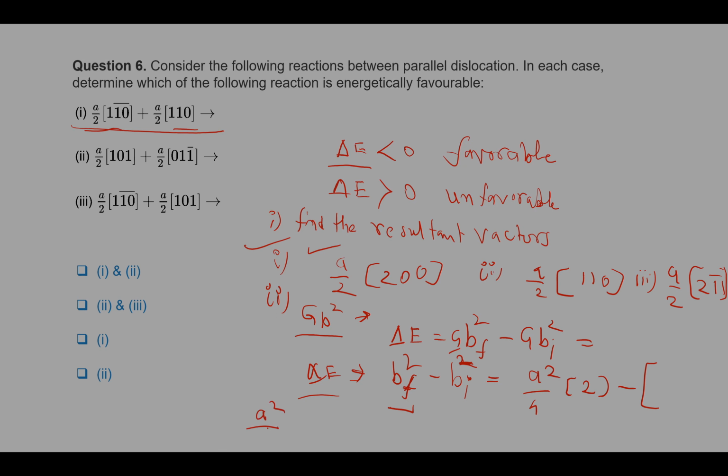First is a square upon 2 root 2, then it will be square, so here also square, plus a by 2 root 2 square.